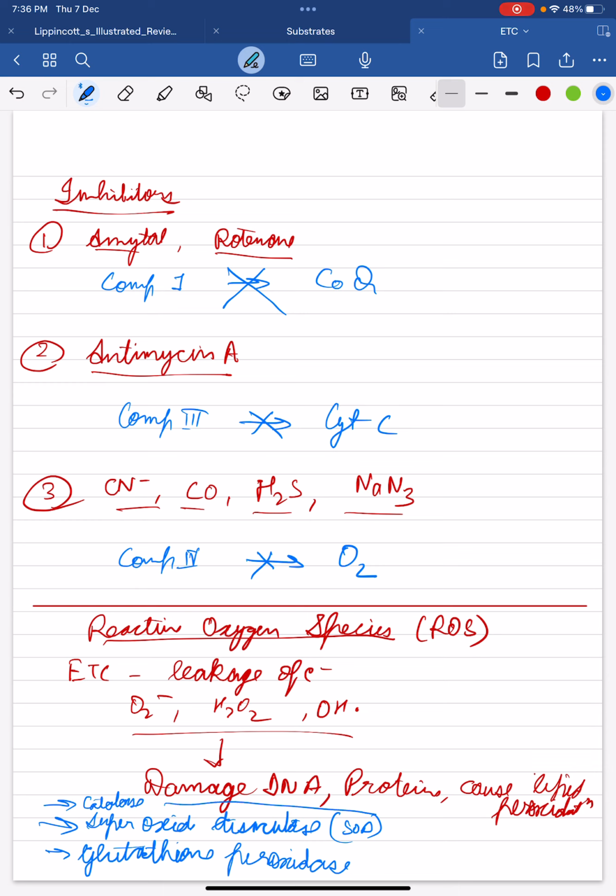So what these enzymes do is they act as cellular defense against these ROS.